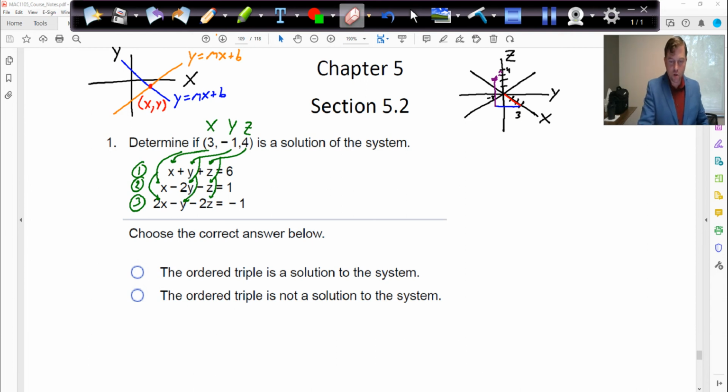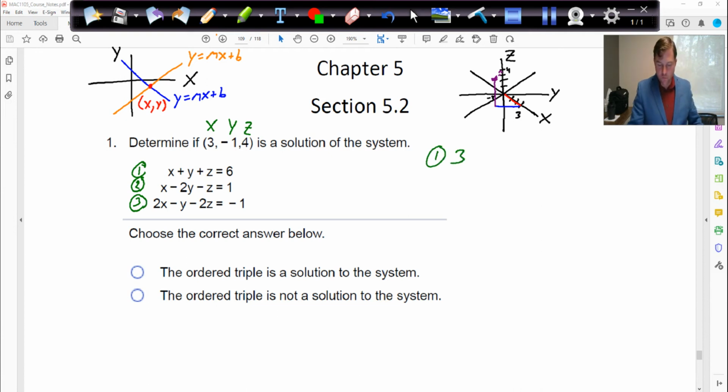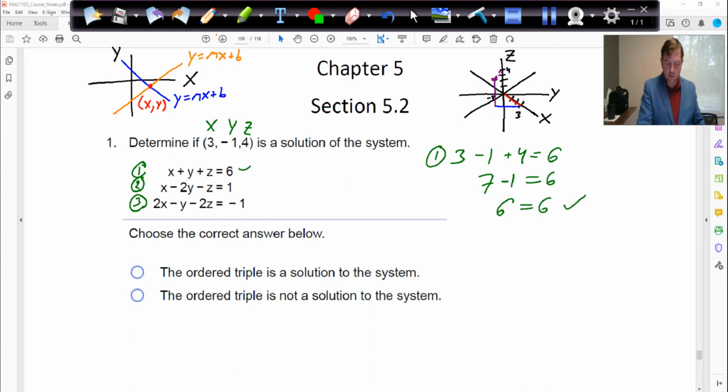So let's try equation 1. We're going to plug in 3, minus 1, and 4 into equation 1. So we would have x is now 3, y is minus 1, and z is 4. So we get 3 plus 4 is 7, minus 1 equals 6, 6 equals 6, it checks out.